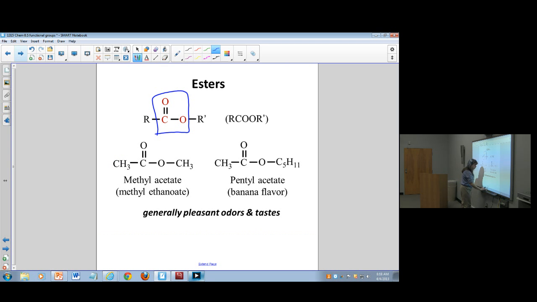The methyl group is down here, and here is the 2-carbon ethyl type of group, only in this case it's not ethyl because the functional group is this ester, but it's still 2 carbons long, so it's called methyl ethanoate. I don't care if you know how to name these. I don't really expect that. I expect you to be able to figure out what the functional groups are here.